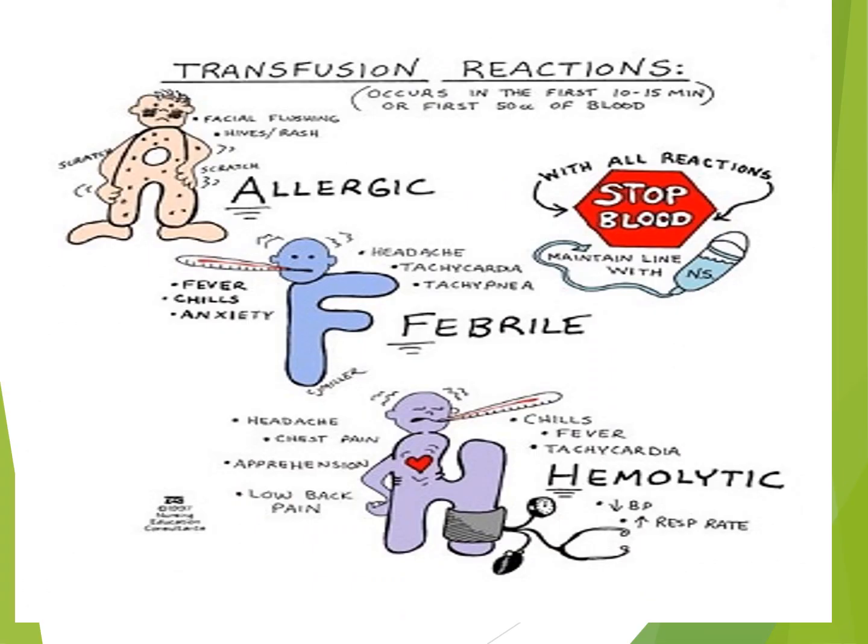This is a nice picture for the visual learners and all of you who remember pictures, right? Please make sure you know the signs and symptoms of allergic, febrile, hemolytic. And with all of them, remember, our number one thing we do is stop the transfusion and run that normal saline.